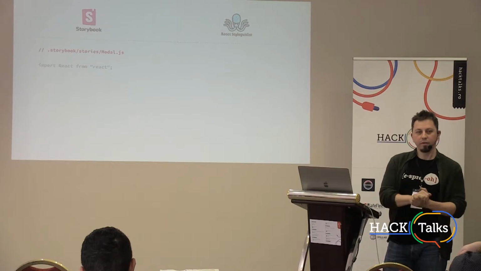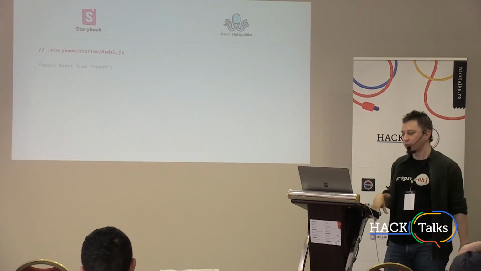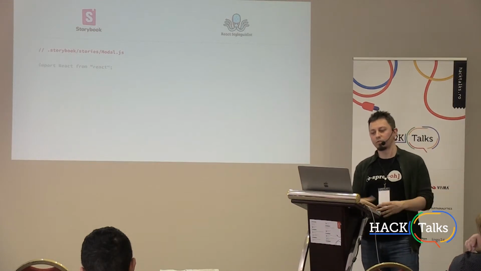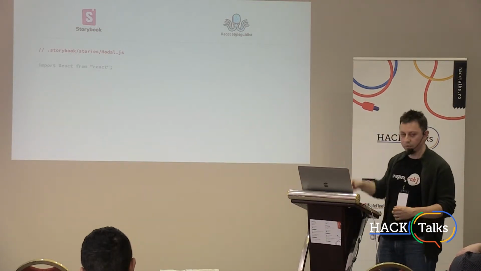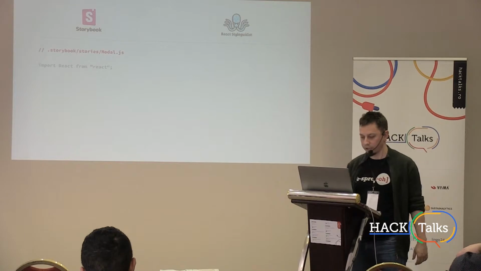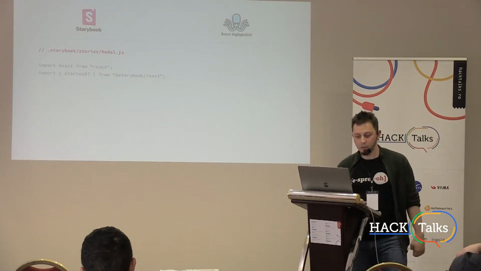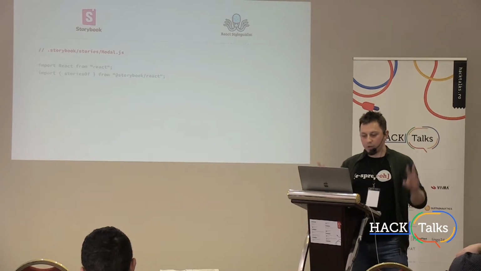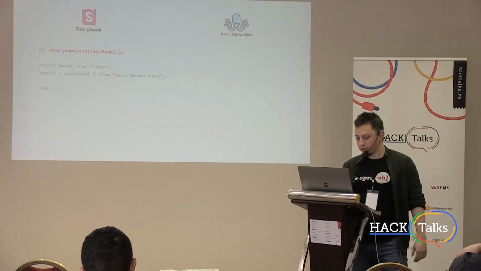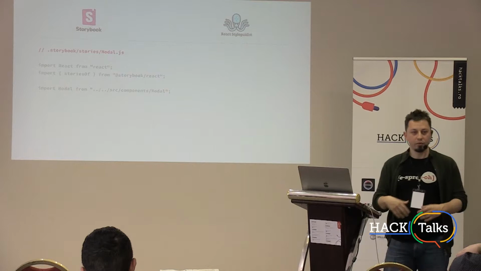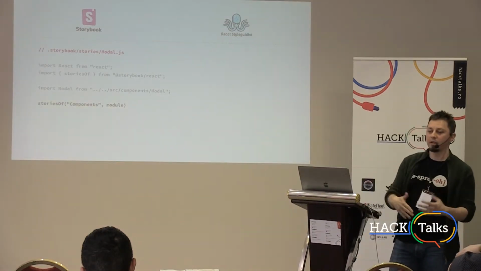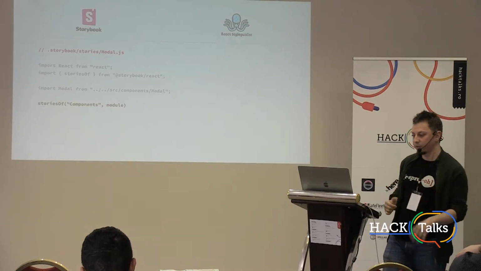So in Storybook, you define so-called stories in JavaScript files that are stored outside your components folder, somewhere in a .storybook folder. You have some boilerplate code. You import React or Angular or whatever framework you are using, and import the stories for React. You import your component that you want to render, and then you have some API specific to Storybook.